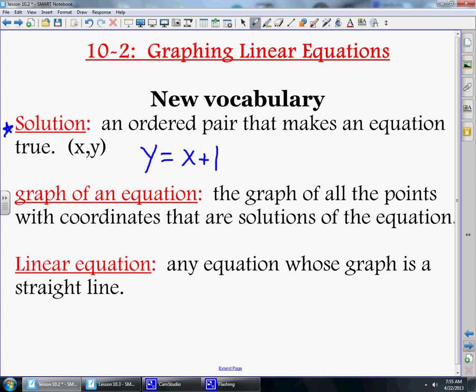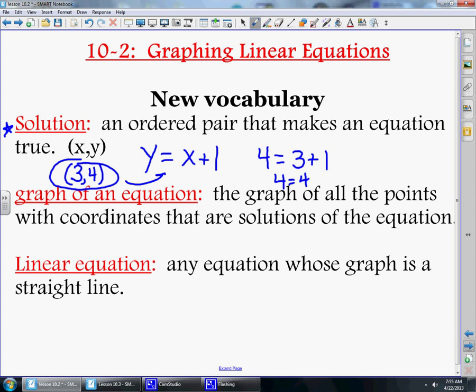An ordered pair that would make this true would be 3, 4. Because if you put 3 in for x and 4 in for y, 4 is equal to 3 plus 1, and 3 plus 1 is equal to 4, so 4 equals 4.